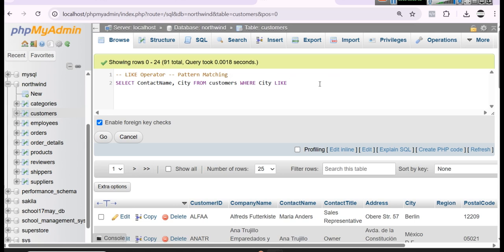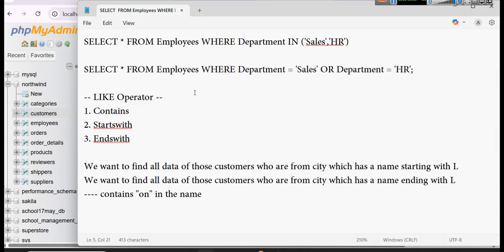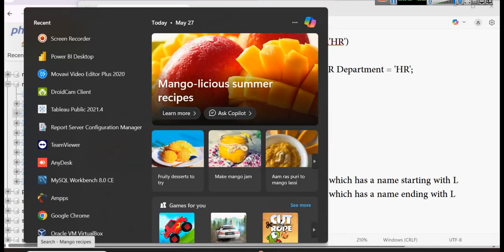So we will write city like, and here we will write percentage signs. Now in this pattern matching, we will use two different characters. One will be percentage and one will be underscore. Percentage sign is very clear to you, and let me open the on-screen keyboard.